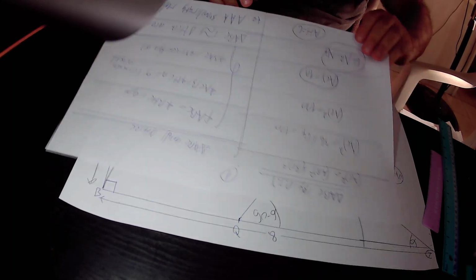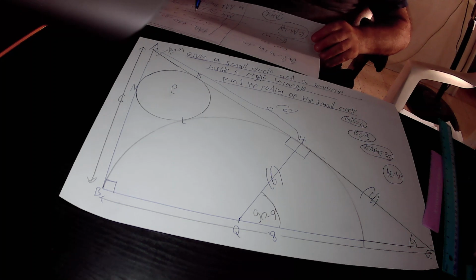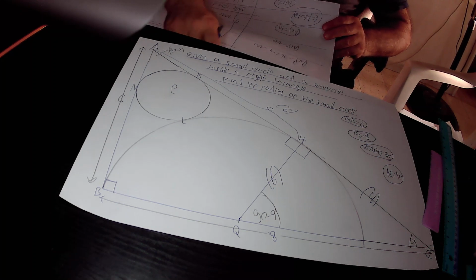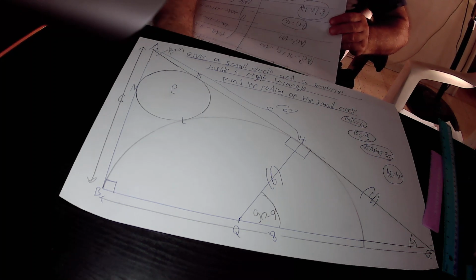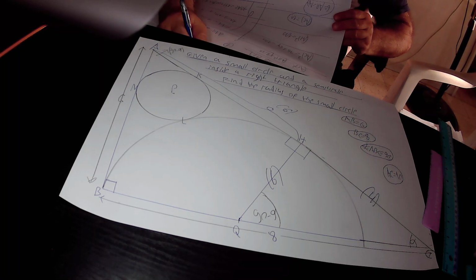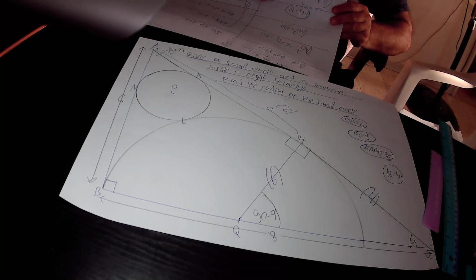And from the fact that the right big triangle ABC is similar to the right small triangle HQC, we will derive that the following relationship exists between their sides.